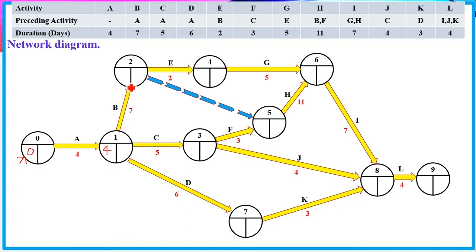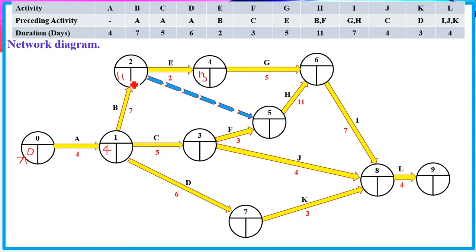Then you go in this direction, so the EST here will be the earliest that E can start, which will be after A and B are complete, which is 7 plus 4, which is 11. You proceed on this one here. This will be the earliest that this one can start, which is 11 plus 2, which is 13.